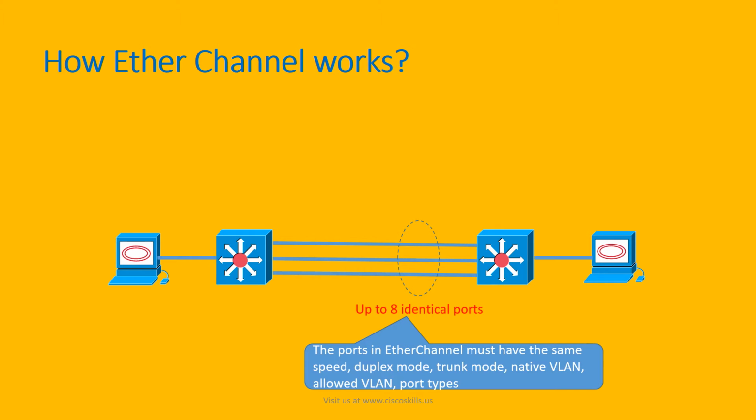This switch will have to extract the information from the packet, such as the MAC address, the IP address, the port number, and based on the load balancing method configured on this switch, along with the number of links in an EtherChannel, it will select a link. For example, in this case, it will select this link to forward the packet out to this switch and forward to this computer like this.